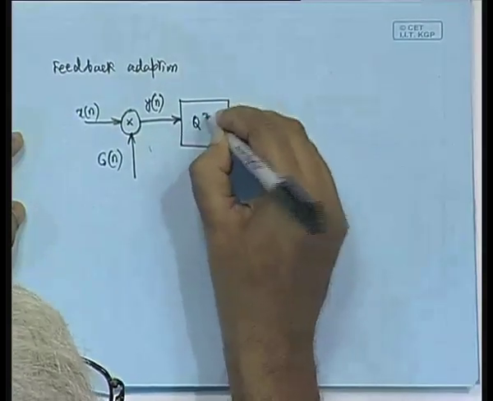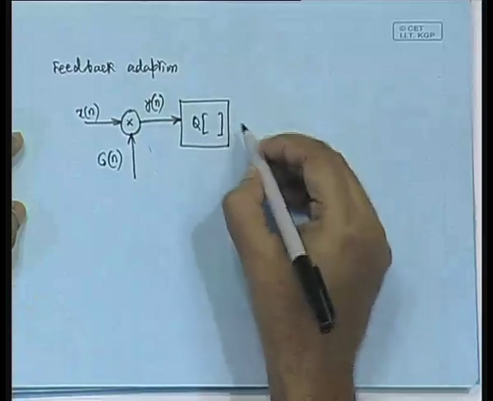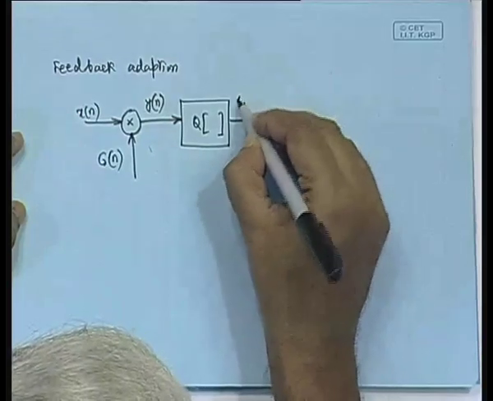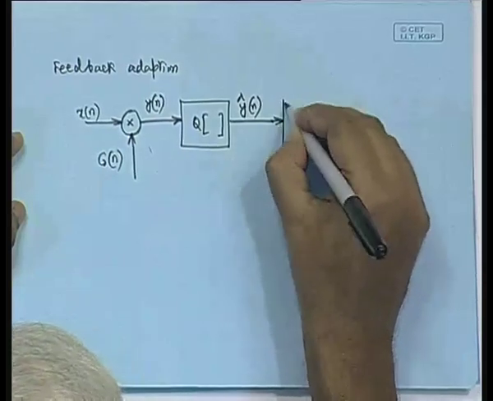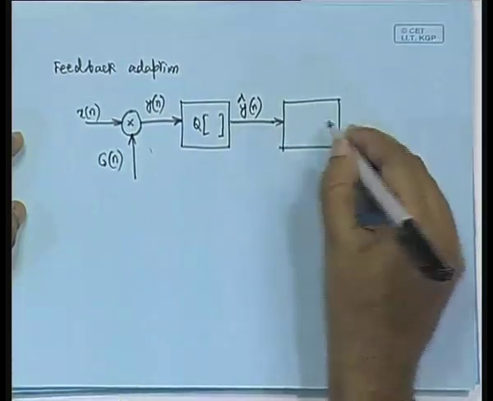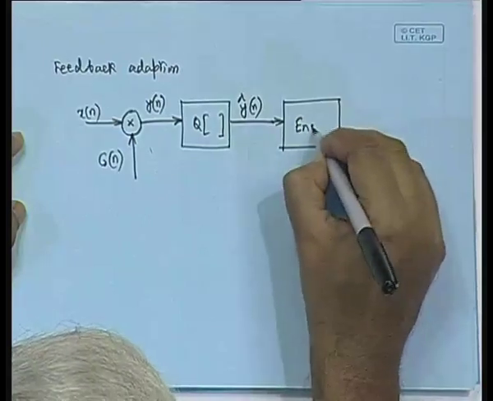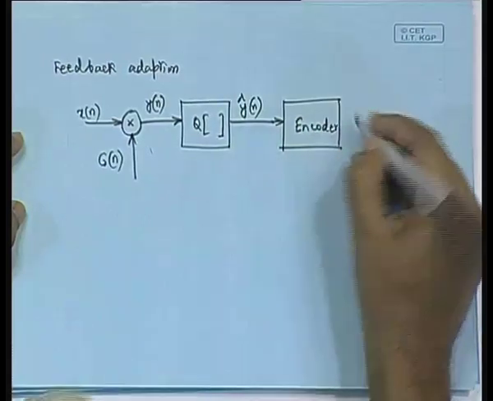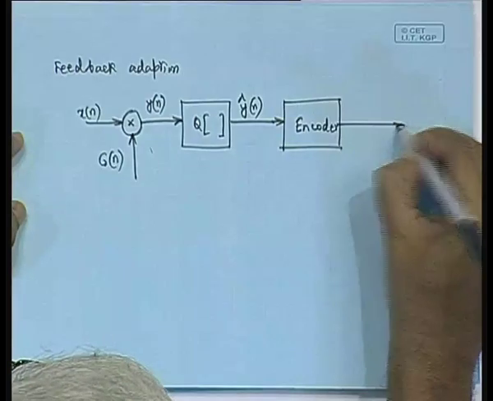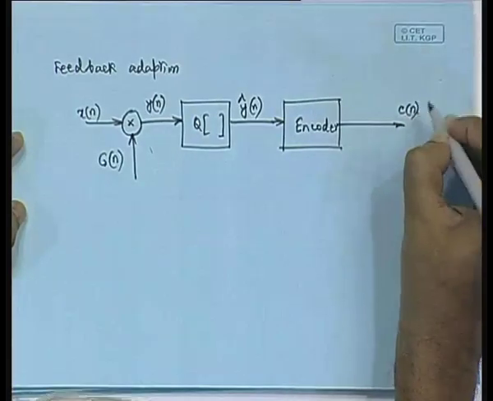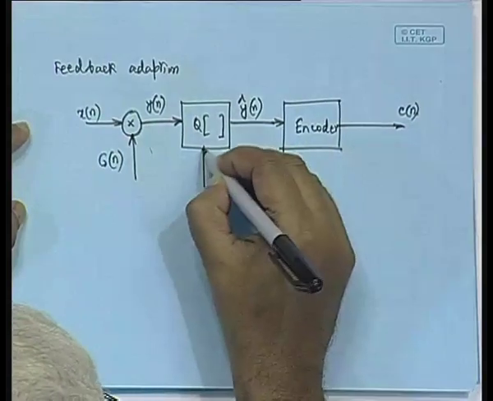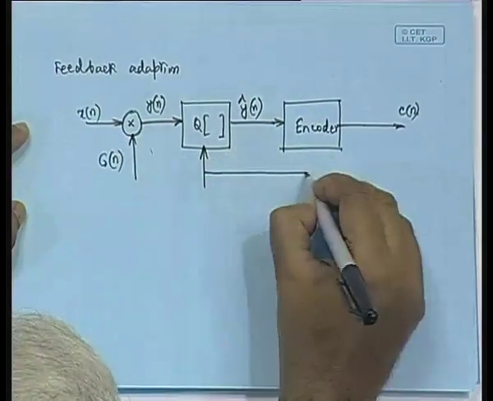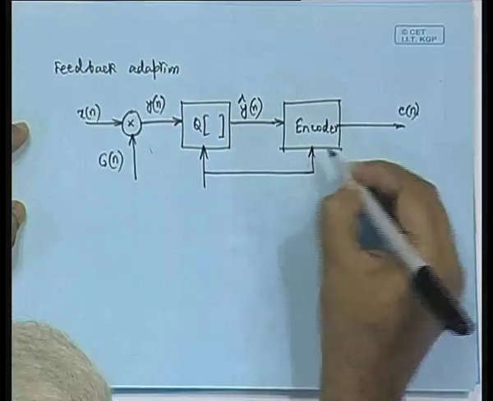So it goes to the quantizer block Q, and the output of the quantizer will be y cap of n, followed by the encoder, and then we will have the output code word which is C of n. The Q as well as the encoder will be controlled by the step size.